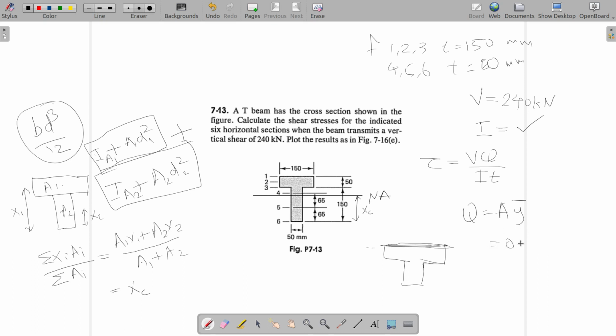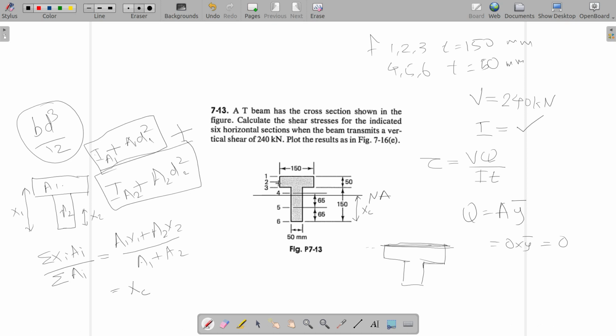So 0 multiplied by y bar will give 0. So it's 0 shear stress at the topmost point, topmost layer, which is something we already know. Similarly for 6, there is no area below 6, so that also will be 0.